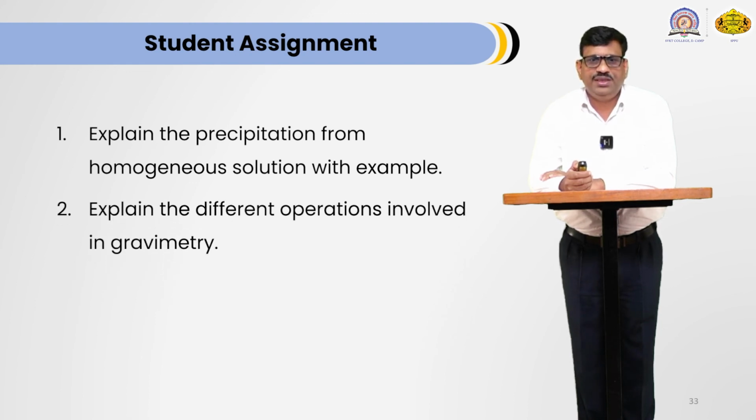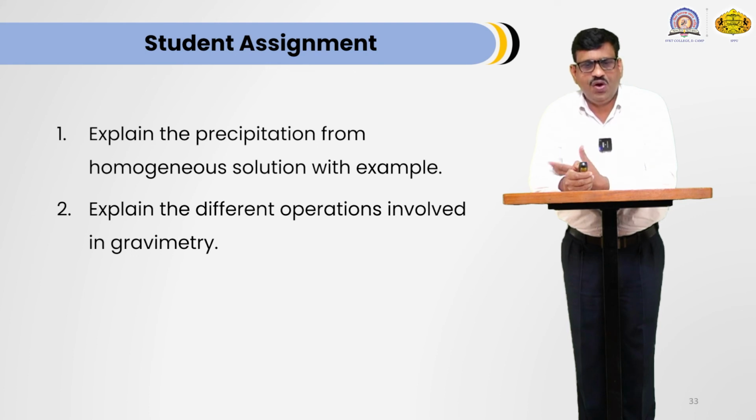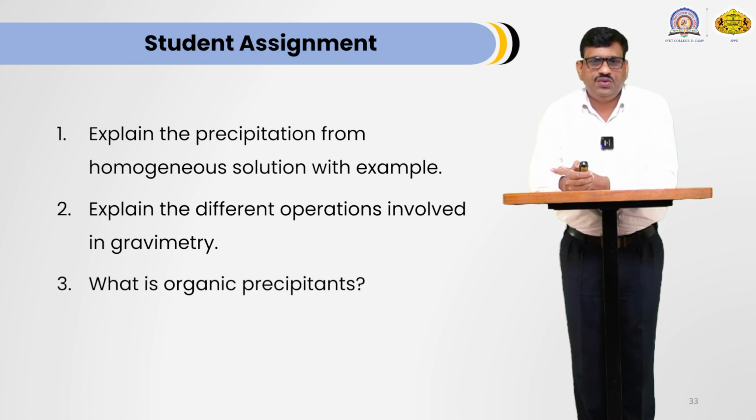Another question: explain the different operations involved in gravimetry. There are different operations such as precipitation, filtration, drying, ignition, and washing. All these things are very important, and calculation is very important. You have to write all these things. And the third question: what is an organic precipitant?